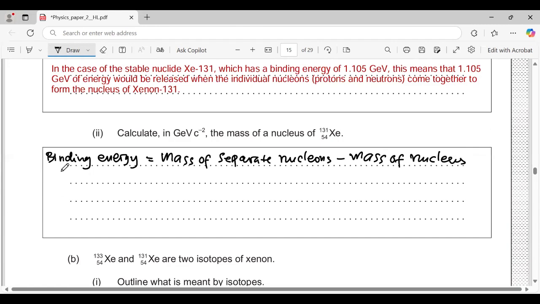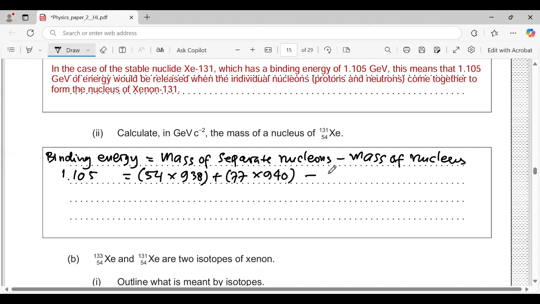Binding energy is 1.105 gigaelectron volts, equal to mass of separate nucleons, which is 54 times 938. 54 because that is the number of protons and 938 is the mass of a proton, plus 77 times 940. 77 is the number of neutrons and 940 is the mass of a neutron.